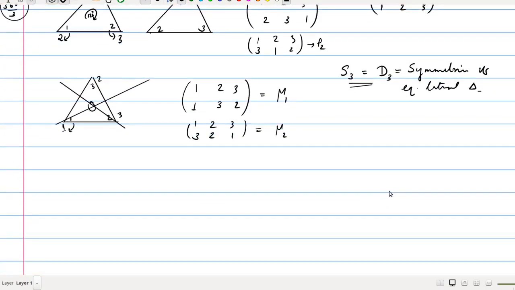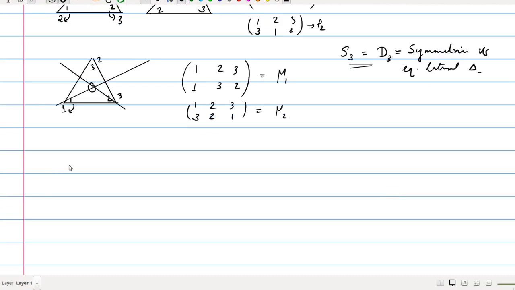And next we can consider the symmetries of a square in a similar fashion. When you consider the square and name its vertices 1, 2, 3, 4 like this, since this square has 4 vertices, we consider the angle 2 pi by 4, that will give 90 degrees, or pi by 2.